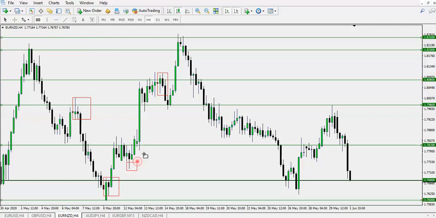So this here was an order block. It took 2 candles to create this order block, but it is still an order block nonetheless.